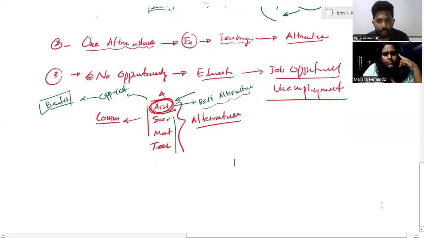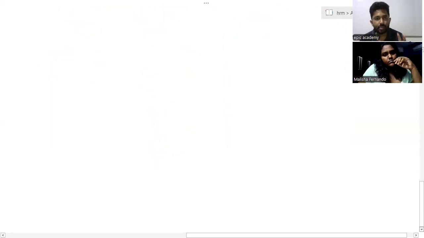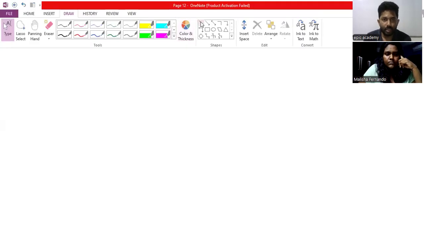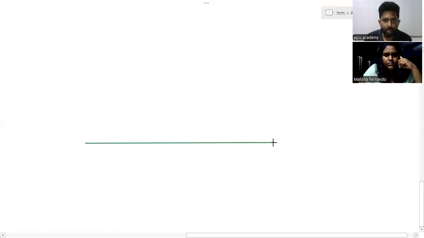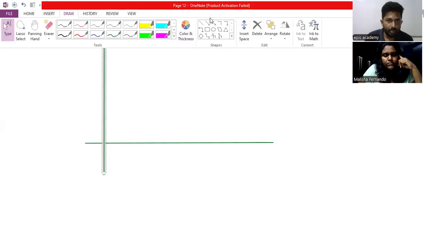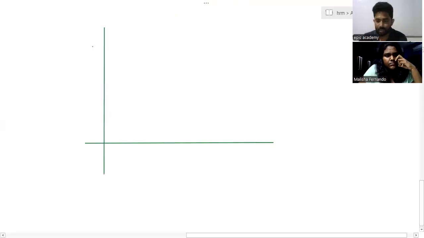Then how we can identify different types of concepts by using the PPC curve. It's also very important. I will describe different types of concepts by using this opportunity cost. Let me draw the PPC curve. Just consider this horizontal axis represents the production of Y commodity.